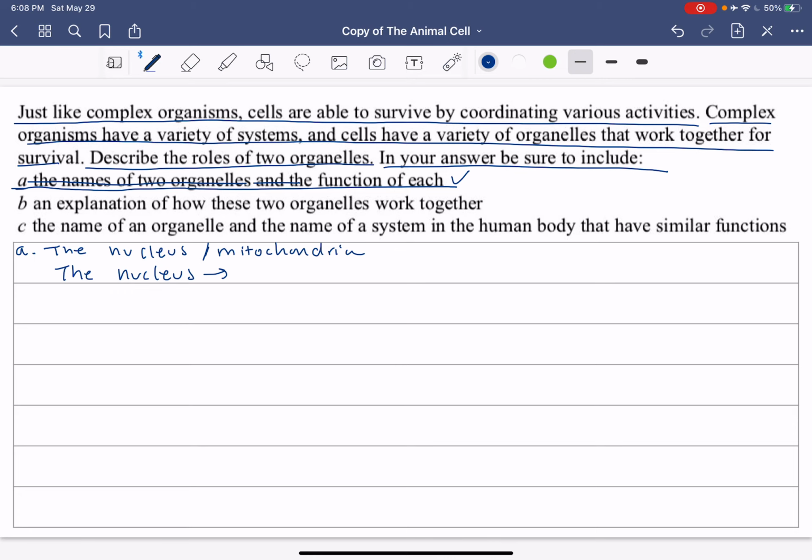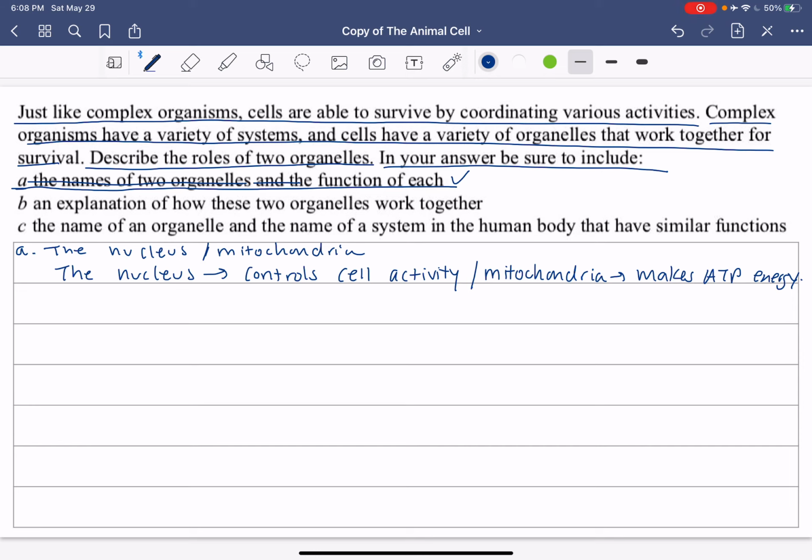Do you remember? Say it in your head. Controls cell activity. Got it. The mitochondria makes ATP energy.